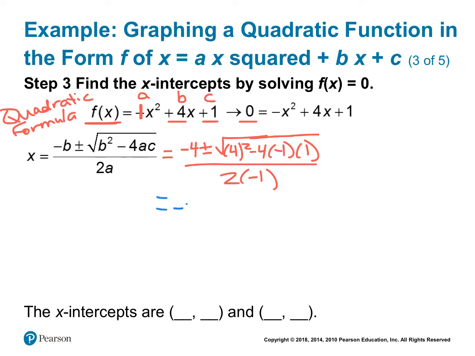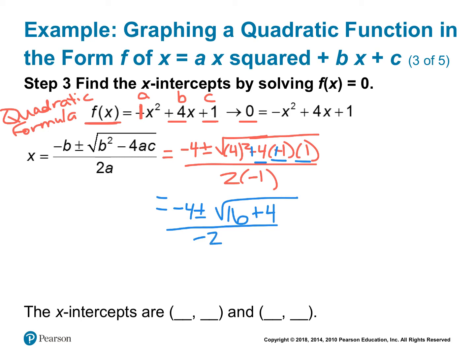So that will give us -4 plus or minus the square root of 16. I have a double negative here, so really I just have 4 times 1, which is 4, and it's +4 because it's positive, all over -2.